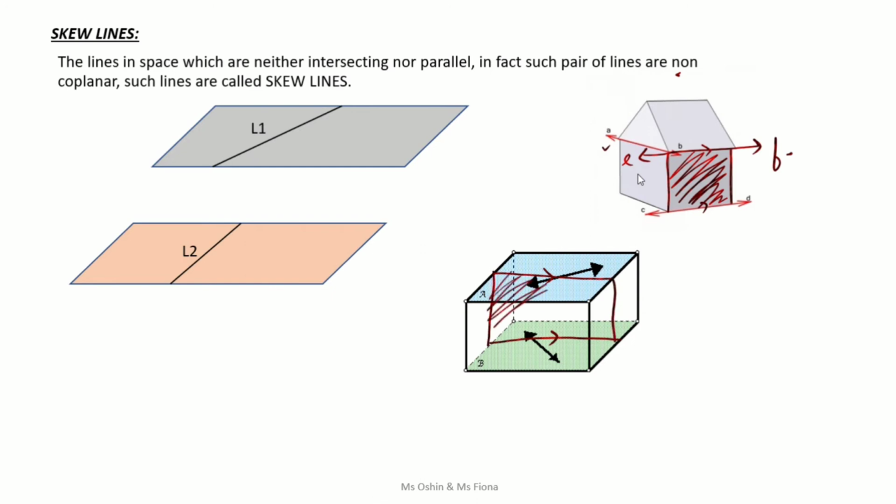You'll get a plane and you see that your L1 and L2 will lie on the same plane. So it becomes coplanar and hence these lines L1 and L2 will not be skew lines. So therefore it is necessary to consider not parallel, not intersecting and non-coplanar. Only such lines are called as the skew lines.